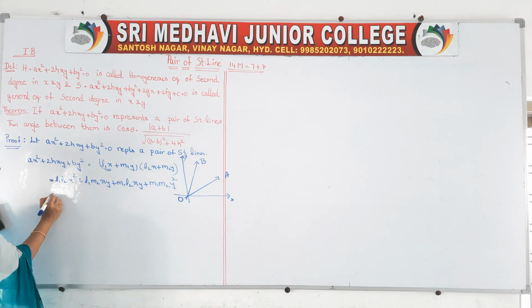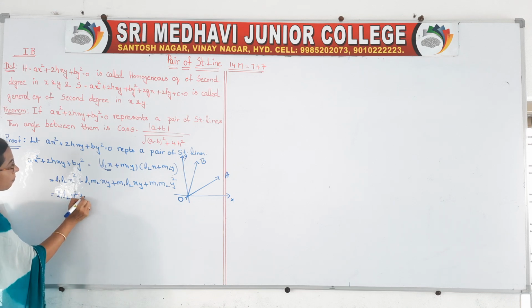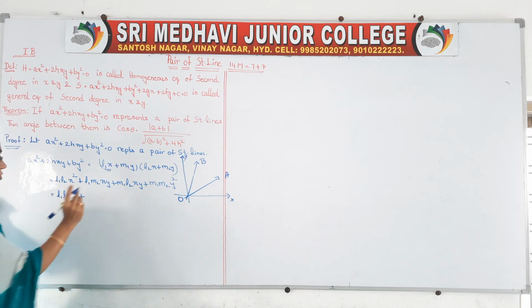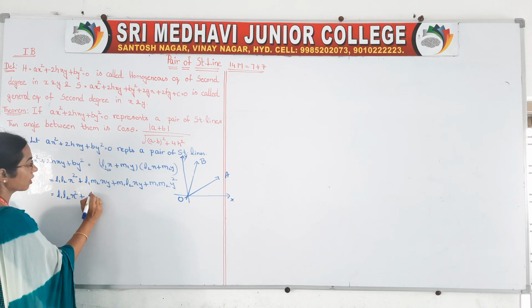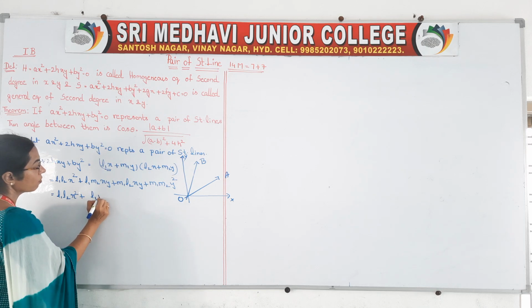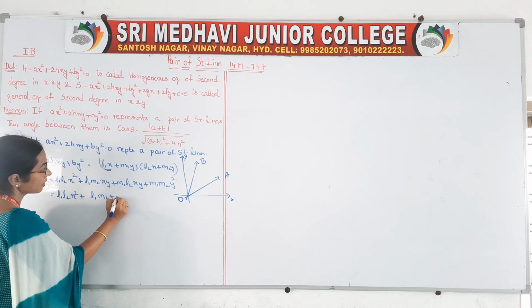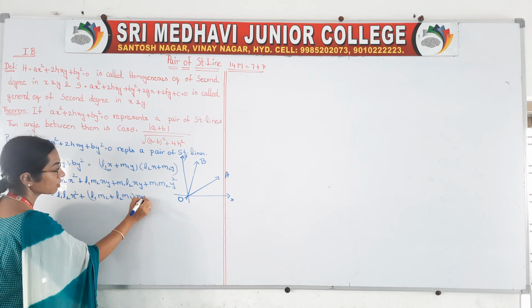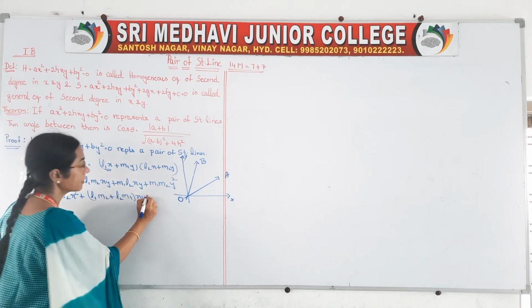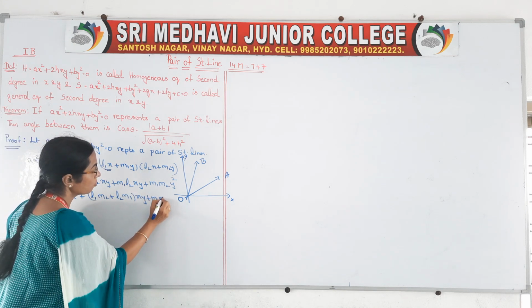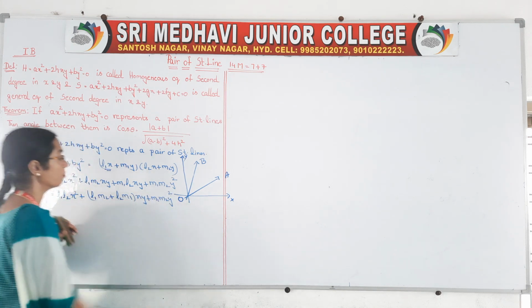Here you take L1 L2 x square. Next you take the xy terms, that means take xy common. Then we get L1 M2 plus L2 M1, with xy taken common, plus M1 M2 y square.